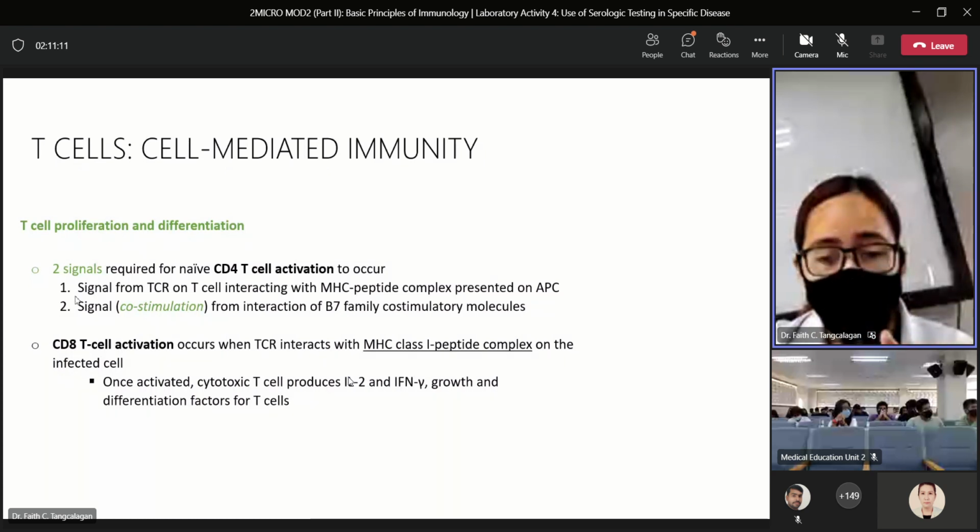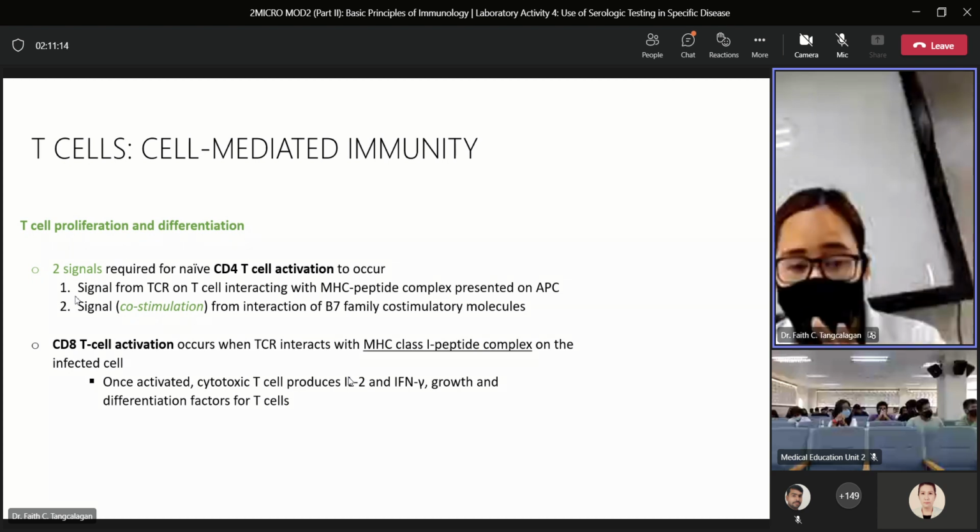The second signal is actually through co-stimulation. The co-stimulatory molecules are your B7 family co-stimulatory molecules. So they help in activating your CD4 T cell. No? So that's one mechanism for your CD4 T cell to be activated.